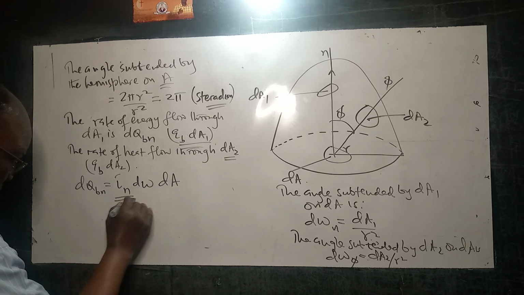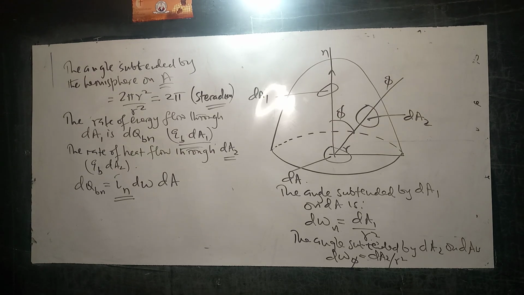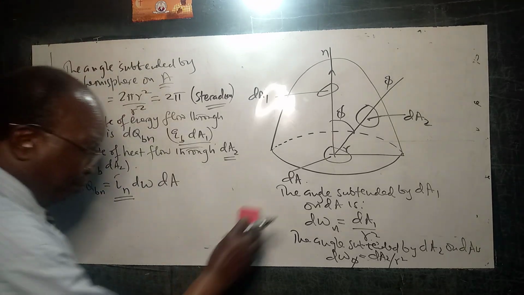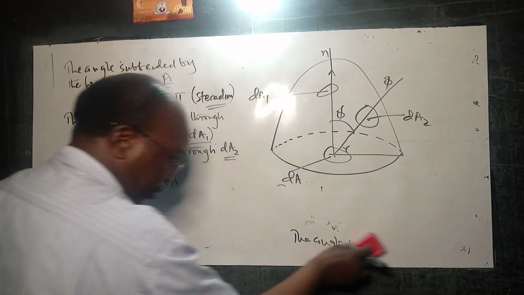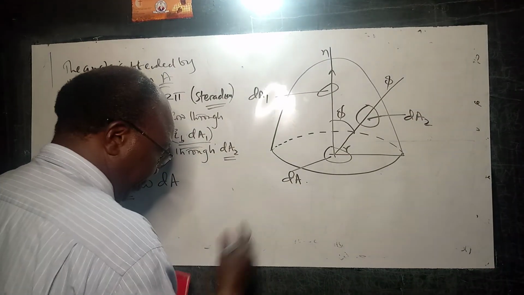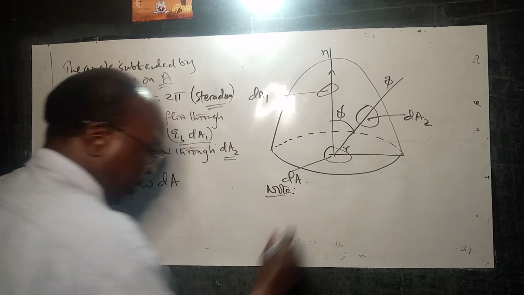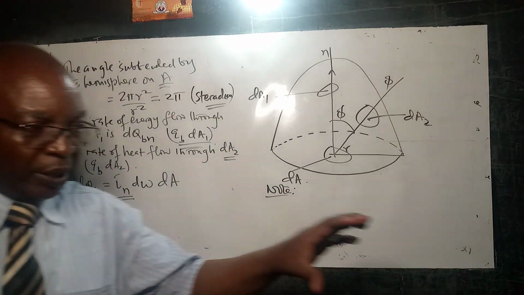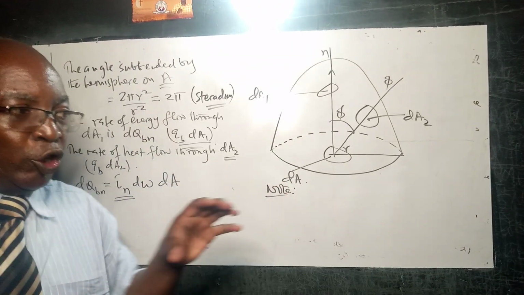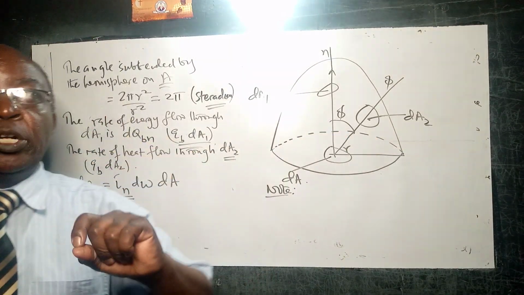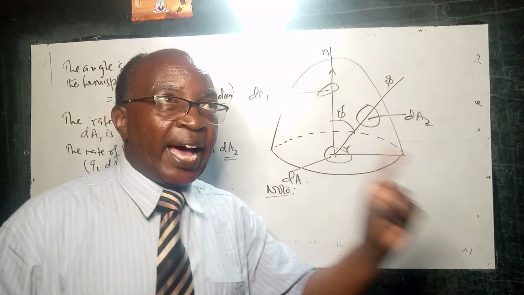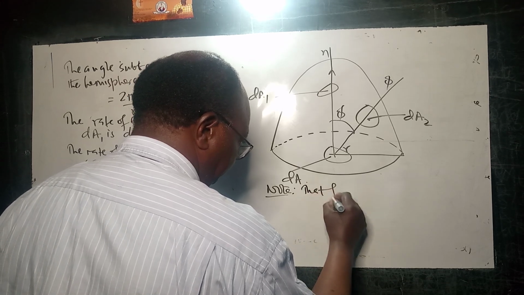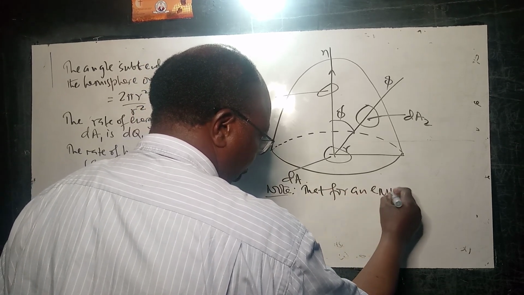Now, we have talked about intensity. When you talk about intensity and radiation, that becomes a very important concept. It is important to note the following: the emitted radiation does not have a uniform intensity in all directions.